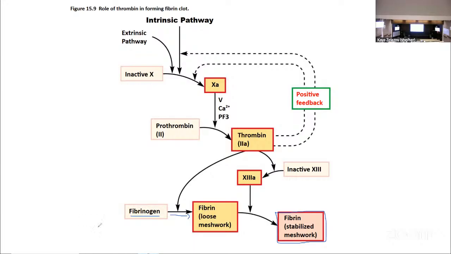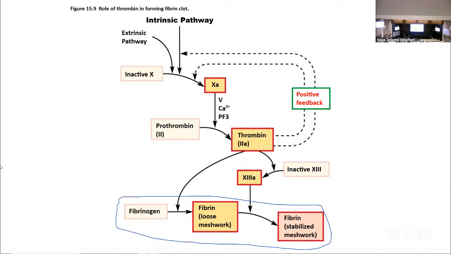Right, so that's from the previous slide. So this is the first thing you want to remember and get into your minds as you're studying. But the next step you're going to want to get into mind is, how do we do that? So how do we convert the fibrinogen into fibrin? And then what is causing this stabilization of the meshwork?